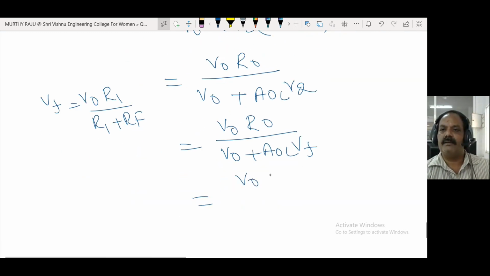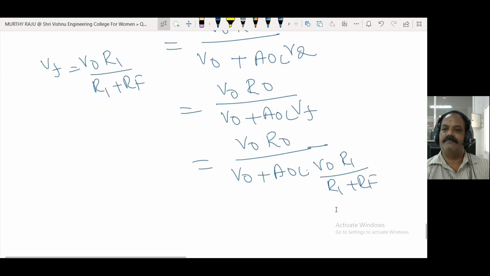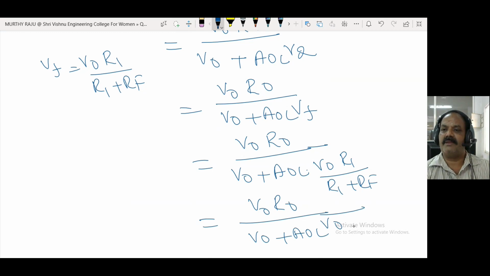V naught R naught by V naught plus AOL into VF, where VF is V naught into R1 by R1 plus RF, which is beta.